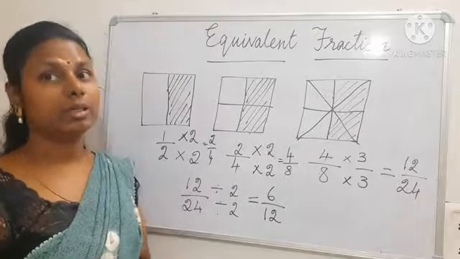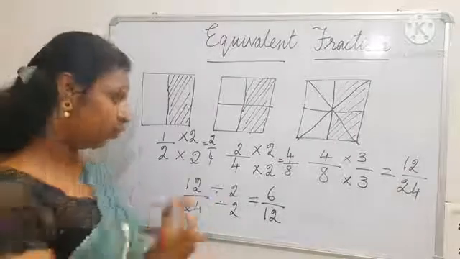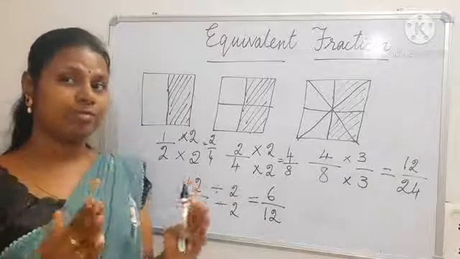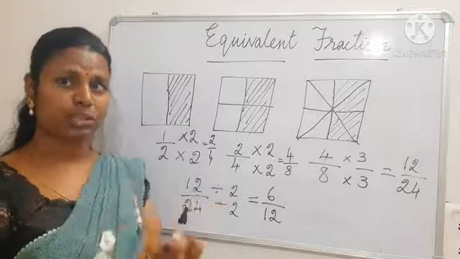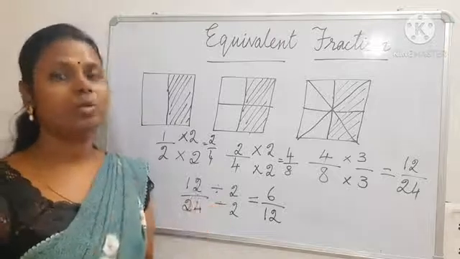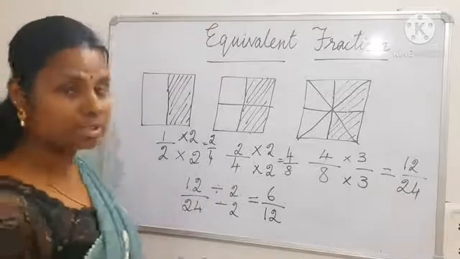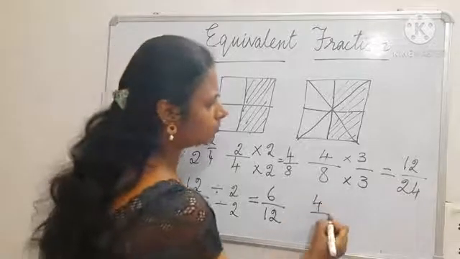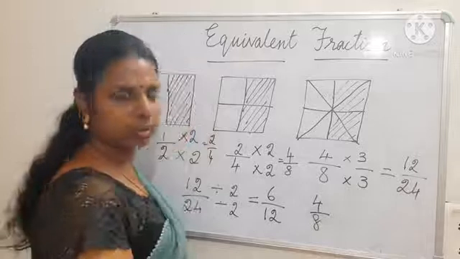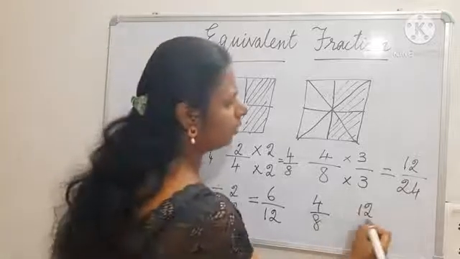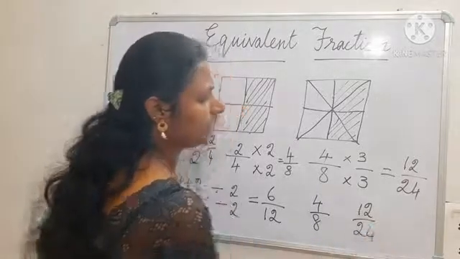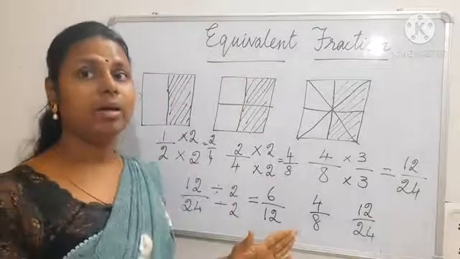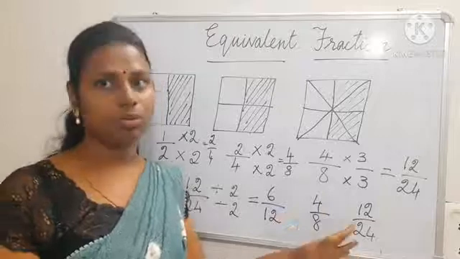If they have given two fractions and you have to find out whether those fractions are equivalent or not, for example, you take 4 by 8, okay, and 12 by 24. Now we have to find out whether these are equivalent fractions or not.